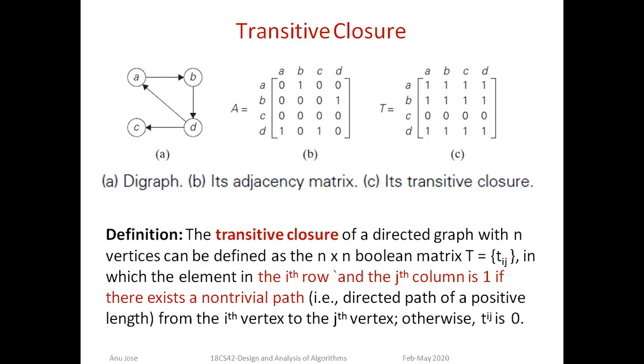Just look into the diagram. That will give you a clear idea about what you mean by transitive closure. Already you have studied transitive closure of a relation. If A is related to B and B is related to C, then the transitive closure property tells us that A is related to C. The same thing applies here also.